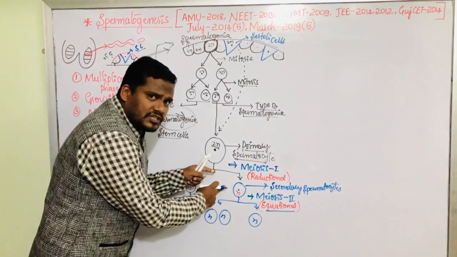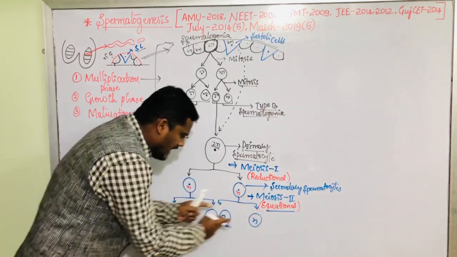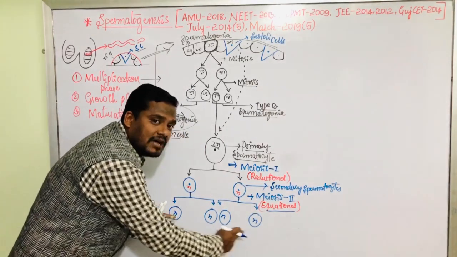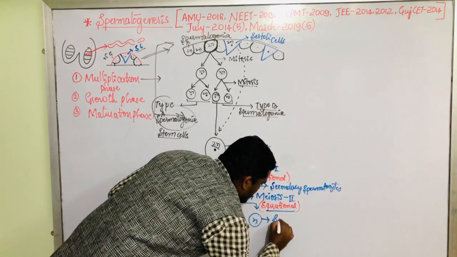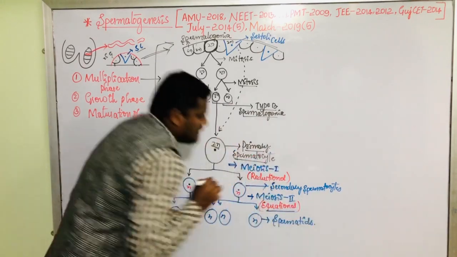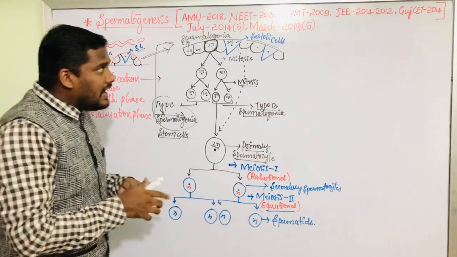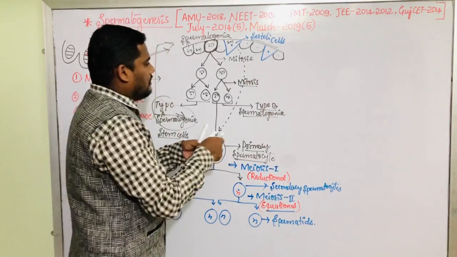Secondary spermatocytes undergo meiosis 2, which is equational. As a result of that, 4 cells are formed. All these 4 cells are called spermatids. Remember the names. They are very, very important, my dear friends, for competitive exams.